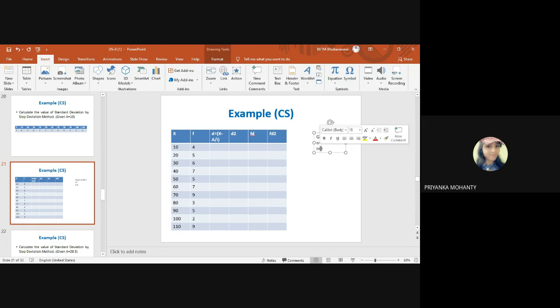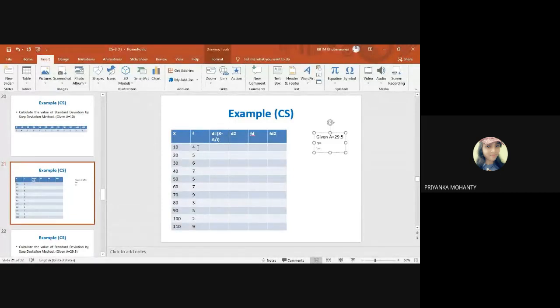11. That is the biggest mistake you have made. N equals the sum, not sigma, that is sum of frequency. Is it clear? Here you have to calculate the sum of frequency.